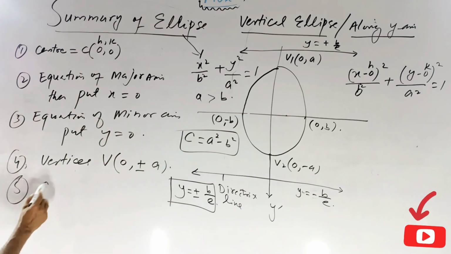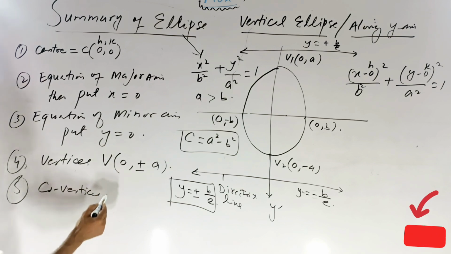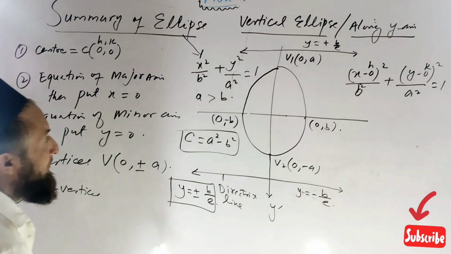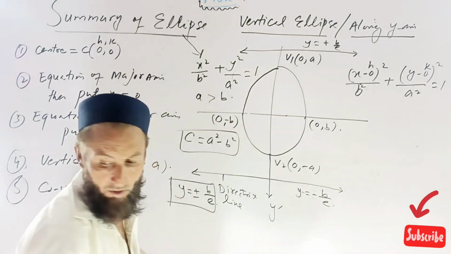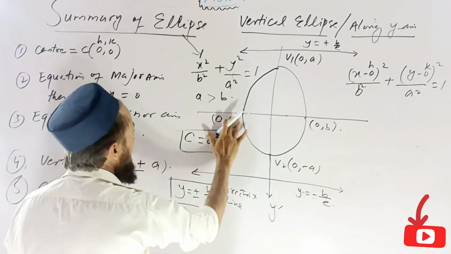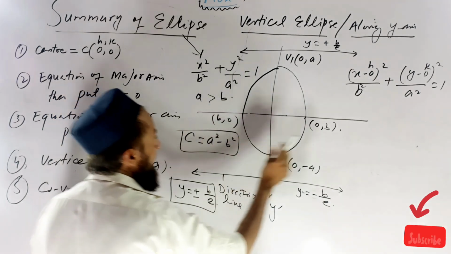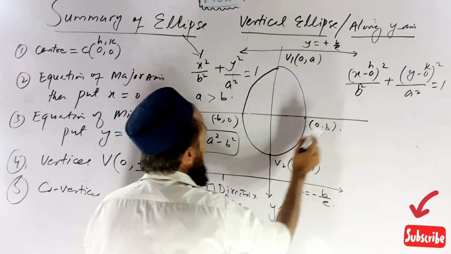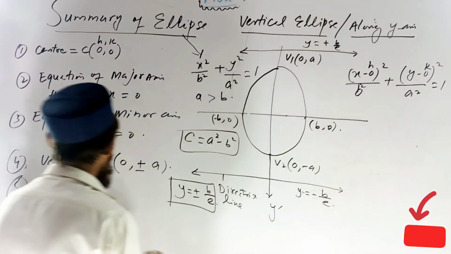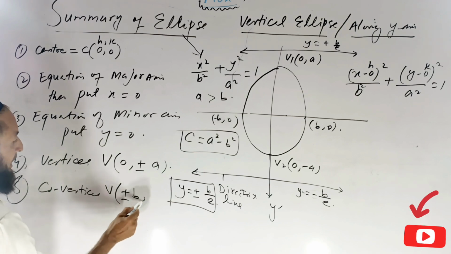Co-vertices, if we are finding co-vertices, here is the b value, here b and 0, and here minus b and 0. Co-vertices will be equal to plus minus b and 0.